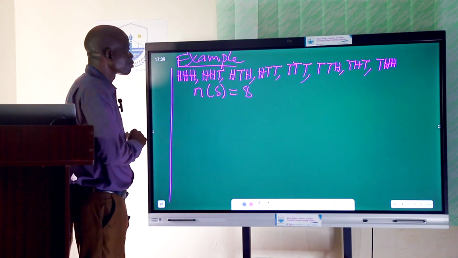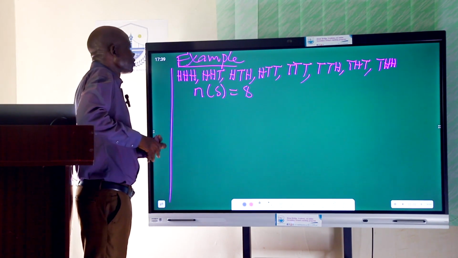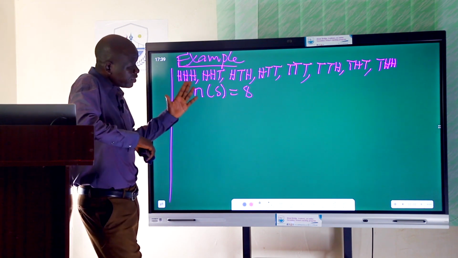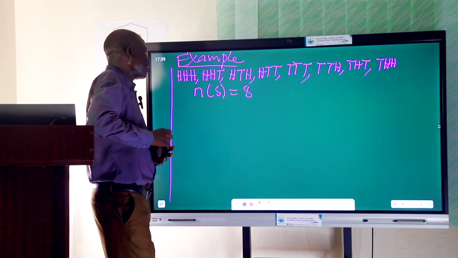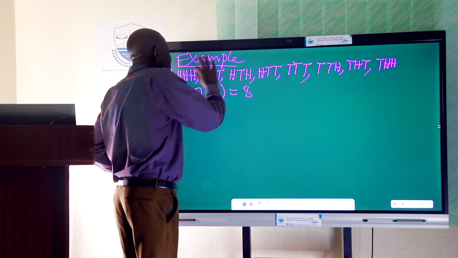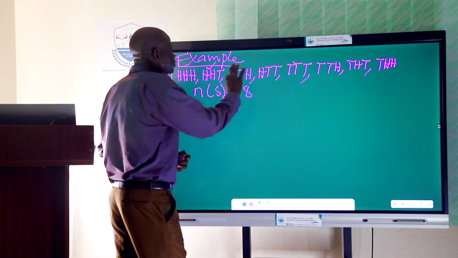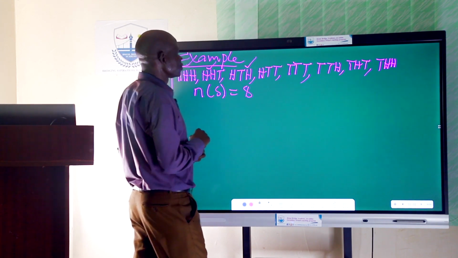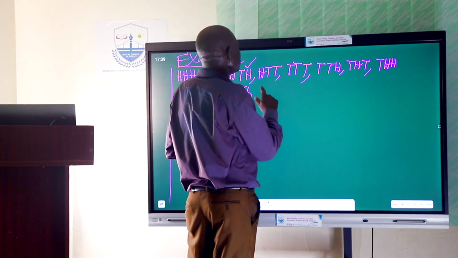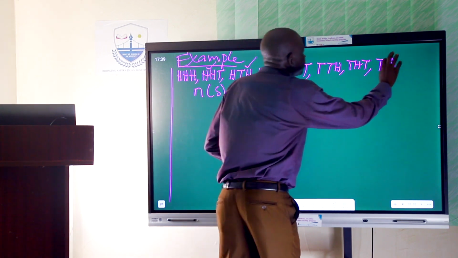Now for 2 heads, we shall list the events where we have 2 heads. We have 2 heads here. We have 2 heads here. We have 2 heads here also.